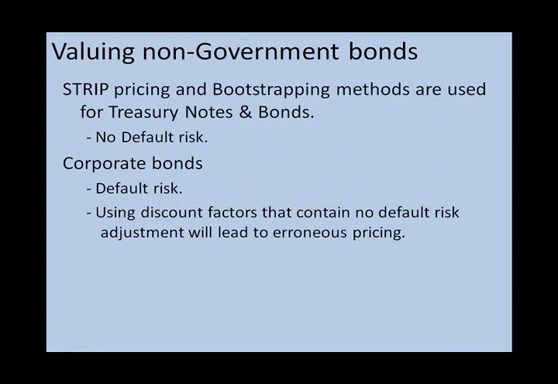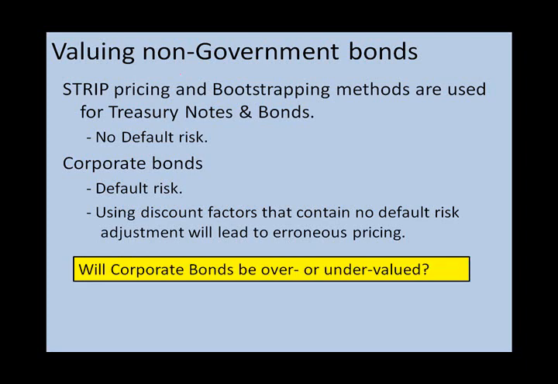What happens if we're trying to value non-government bonds? The strip pricing and the bootstrapping methods are there for treasury notes and bonds, but there's no default risk with treasury notes and bonds. With corporate bonds, we've got default risk. If we use discount factors that contain no default risk, then we're going to get mispriced corporate bonds.